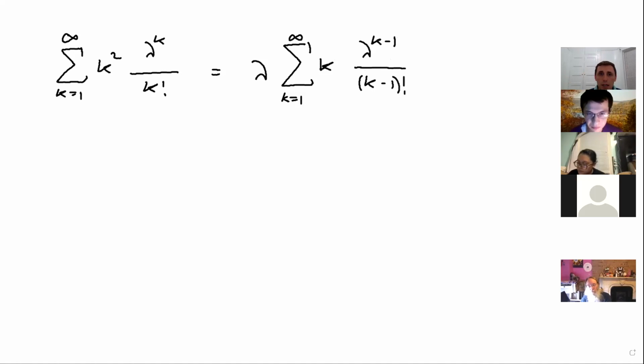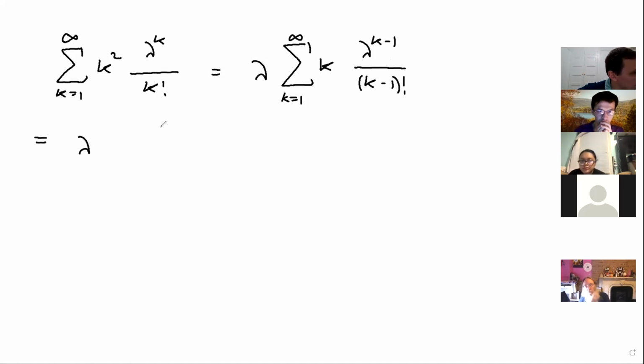Everybody sees what I did. I crossed out one k, and I still have one in reserve, and I have this. Okay. Now, what is this? I can just relabel it, maybe I'll just use j so that it's not too confusing for you.